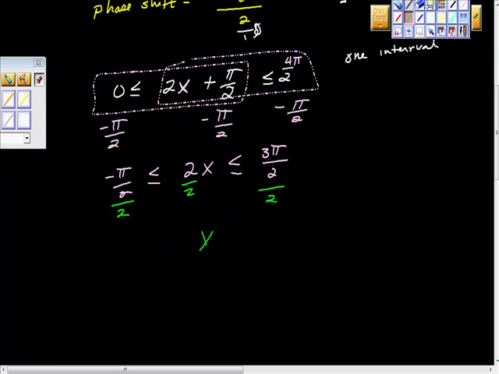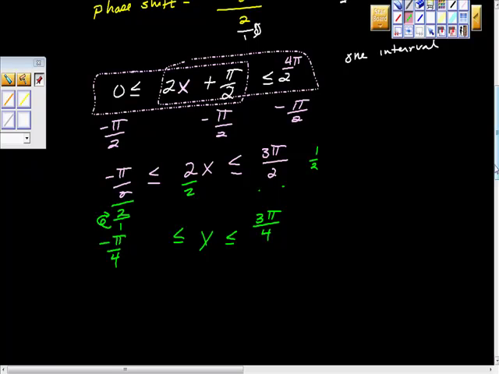It just gives us x here. But remember that this is a complex fraction again, so this comes up as its reciprocal. So this is negative pi fourths, less than or equal to x, less than or equal to 3 pi fourths, right?